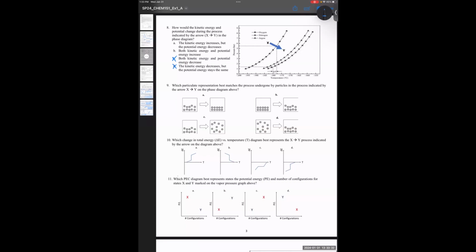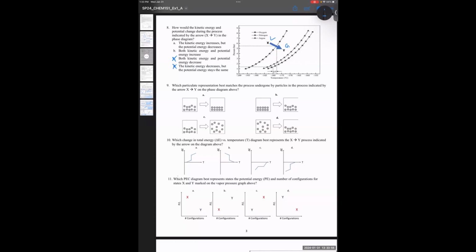X is above the curve of nitrogen, meaning we are in the liquid phase. At Y we are below the curve of nitrogen, so we are in the gas phase when it comes to nitrogen. Therefore, liquid is becoming a gas, meaning the interactions between the particles are weakening.